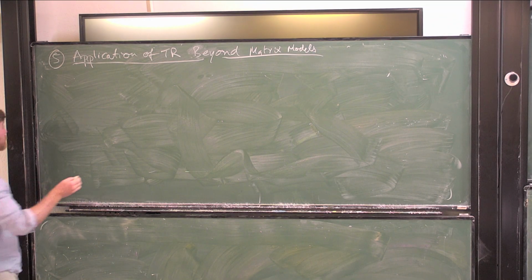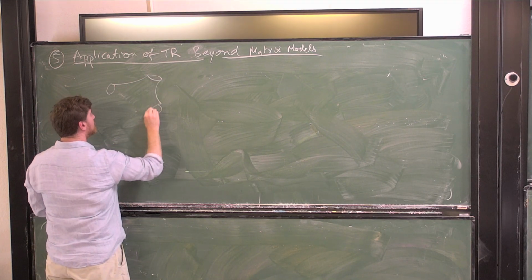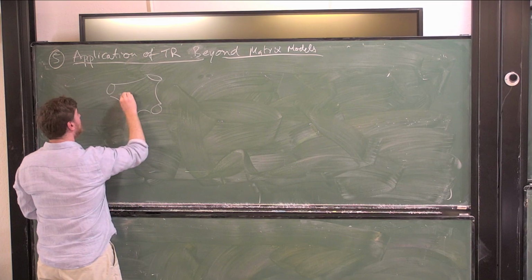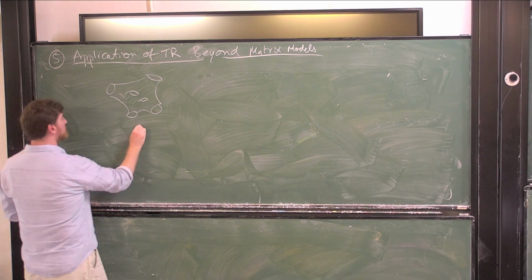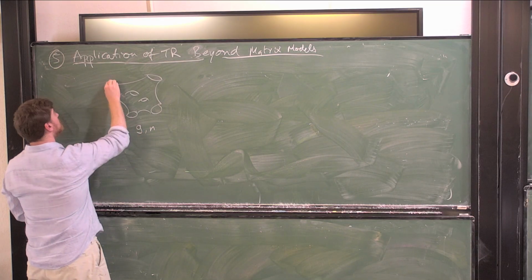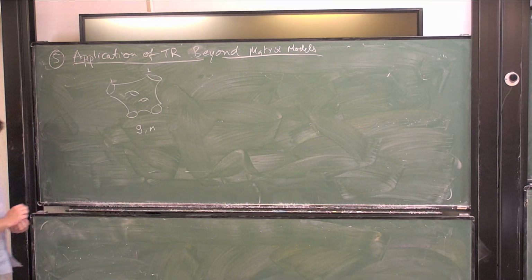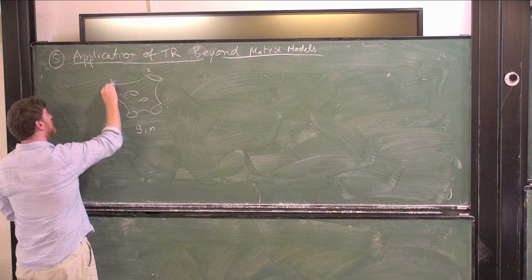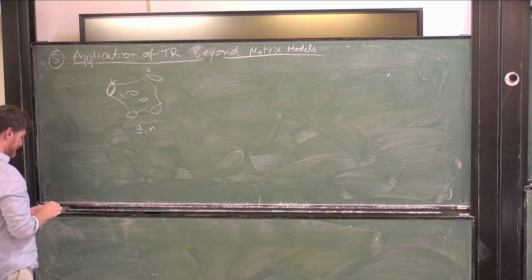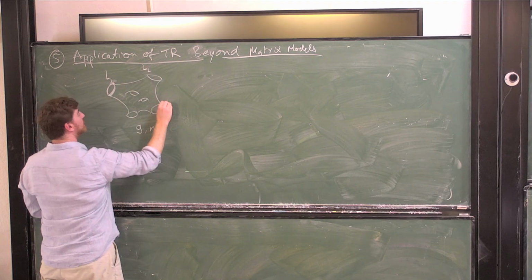So, we drew a lot of pictures of various surfaces like this. And so we gave them a genus and these labels. These were the boundaries of these surfaces. And actually, what we can do is assign a particular length to each one of these.